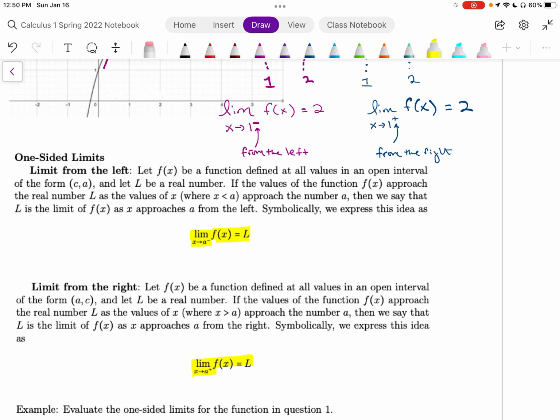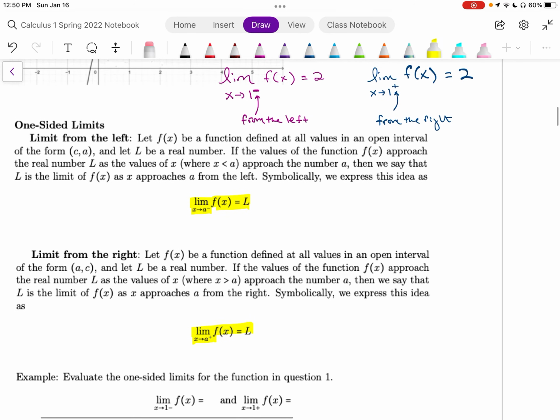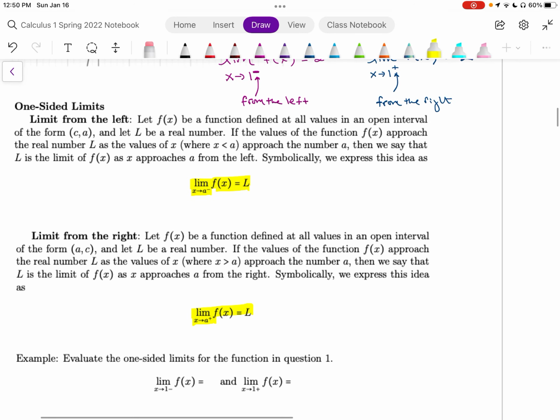And I encourage you to stop the video for a moment and read those definitions and see if you can make sense of them in English. All right, so an example is if we evaluate the one-sided limit for the function in this question right here, in both cases, coming from the left or from the right, and this little minus sign right here should be up as a superscript.